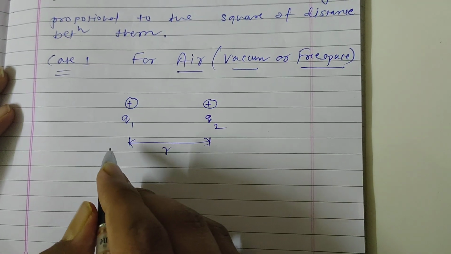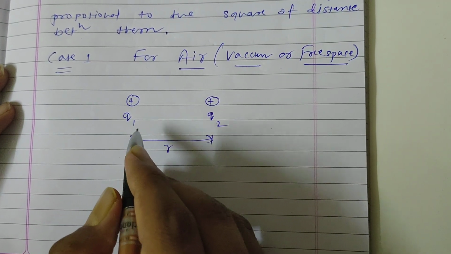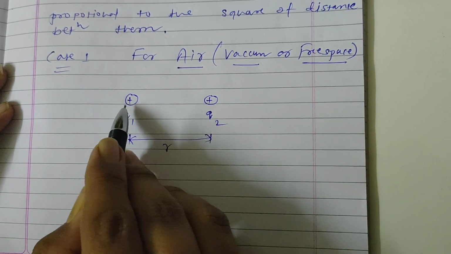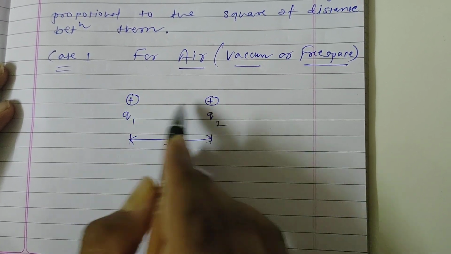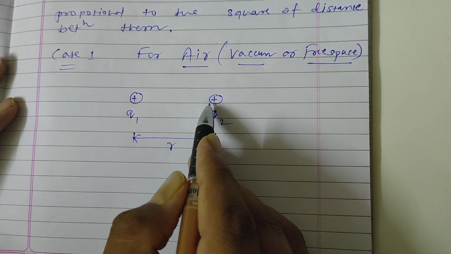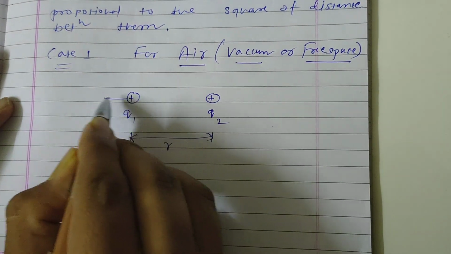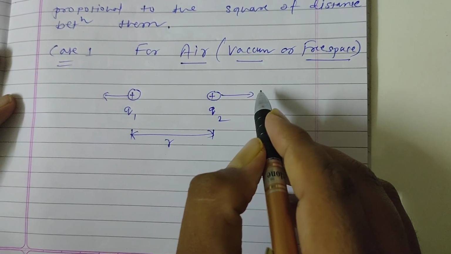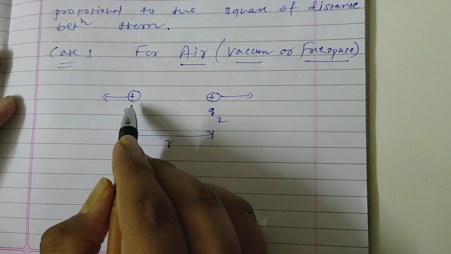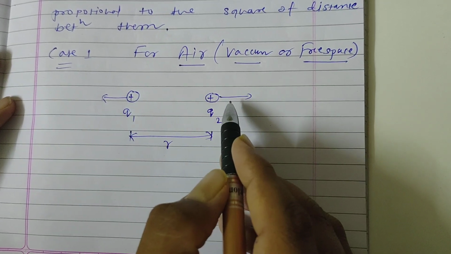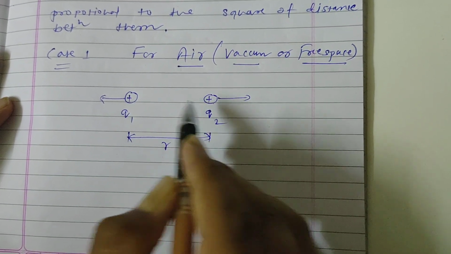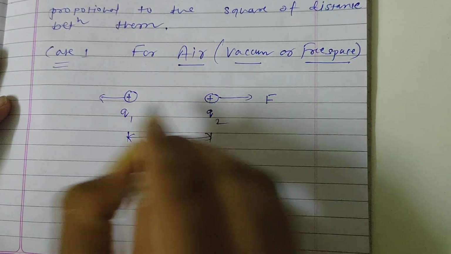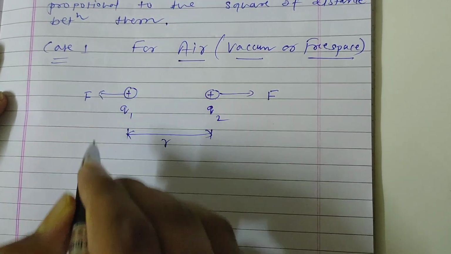As we discussed in the previous lecture, if two positive charge particles, or the same sign of charge particles, are placed close to each other, then a repulsion type of electric force acts between them. The electric force applied by q1 to q2 and by q2 to q1 is always the same, F.